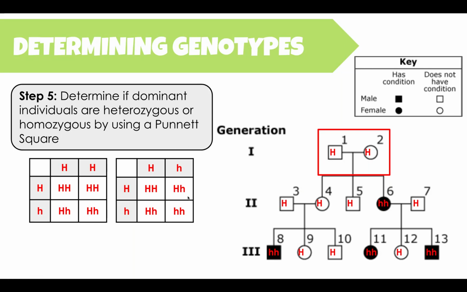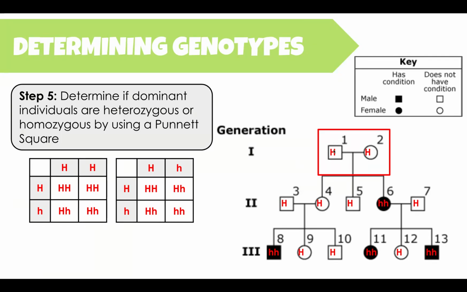So this Punnett square, where I have both parents here, number 1 and 2, as big H, little h, I get mostly dominant offspring, 75% chance that the offspring are dominant, but I have a 25% chance of offspring being little h. So this is the most likely scenario here.